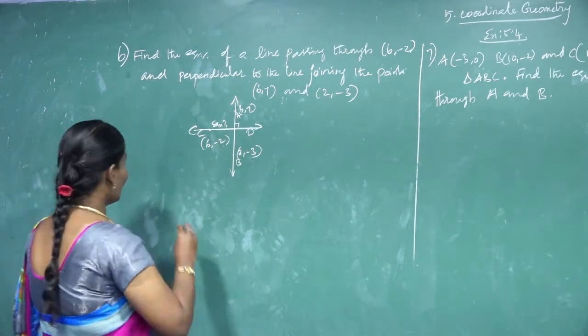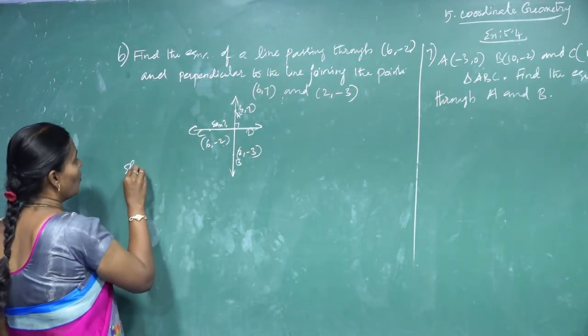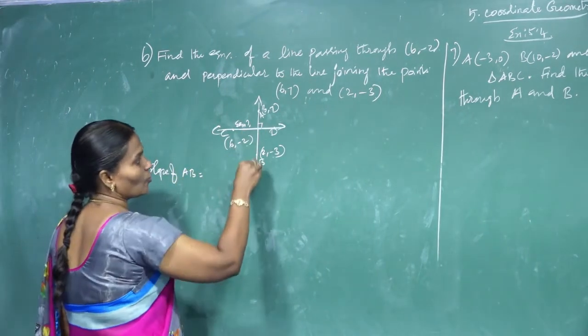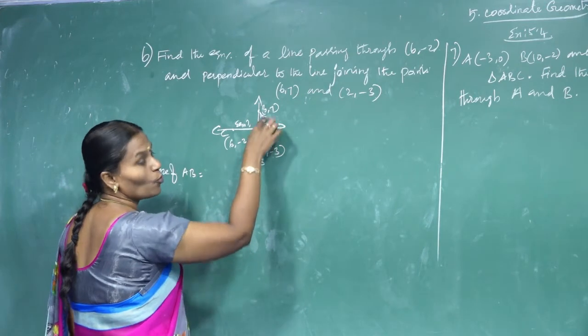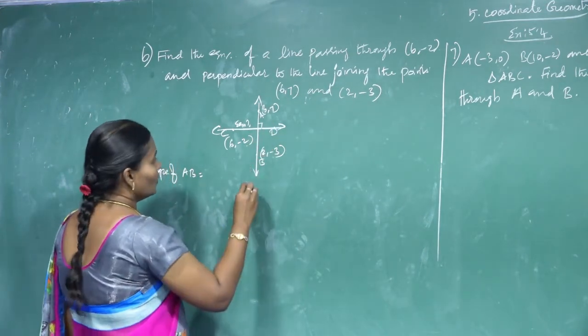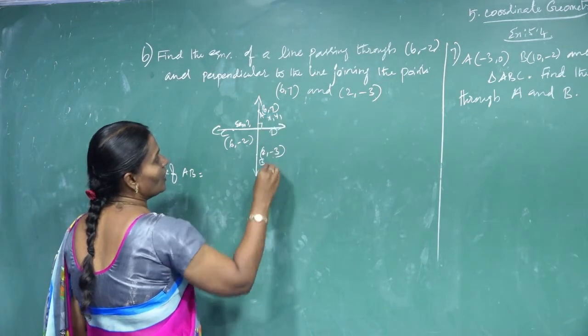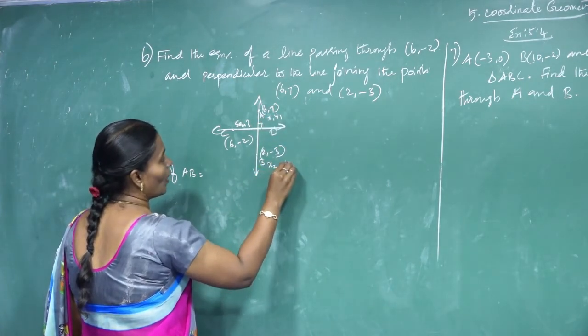Now find the slope of AB first, because A and B, 2 points, are given. Consider A as (x1, y1) and B as (x2, y2).